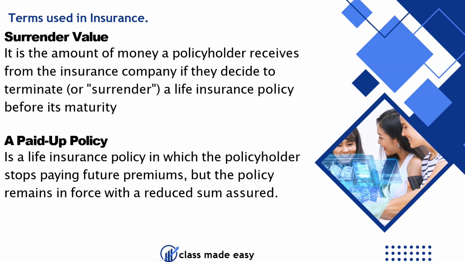Let's say I was supposed to pay a premium for a whole year. Then I decide, rather than paying every month, let me just pay a full amount. That means the insurance contract will continue to be running.